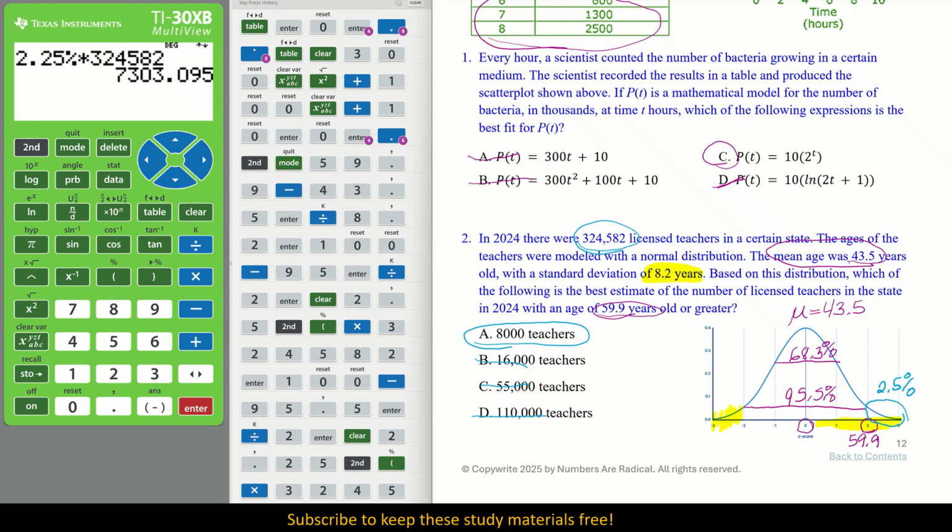On the real test, no. However, there are a couple of questions that ask you about these properties in not such a convoluted way. You still have to know them. All right, let's move on.